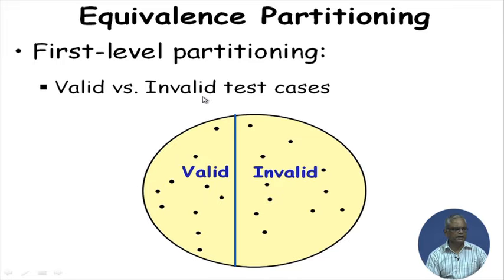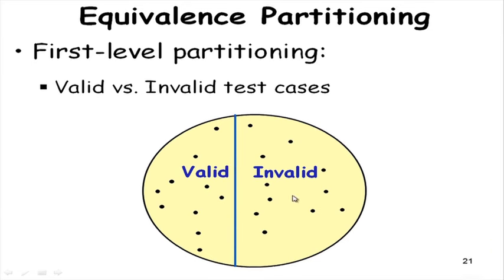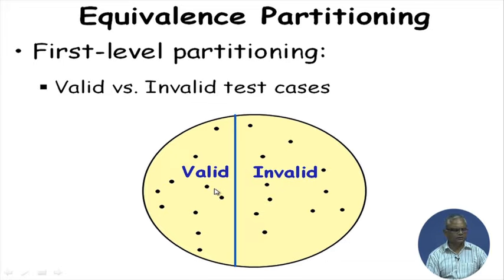The main idea here is that at the first level, we design 2 sets of equivalence classes: the valid set of equivalence classes and the invalid set of equivalence classes.